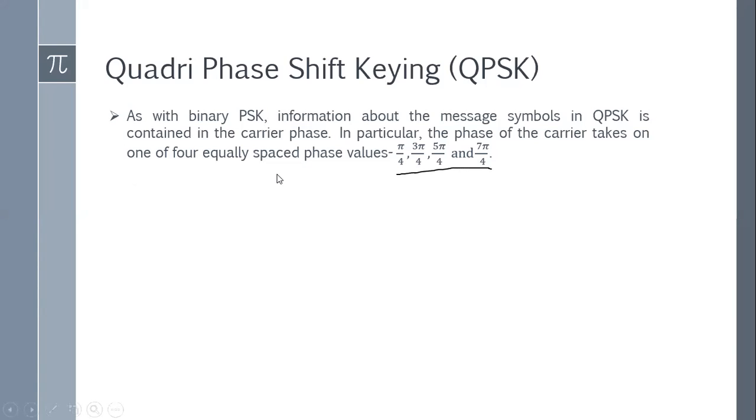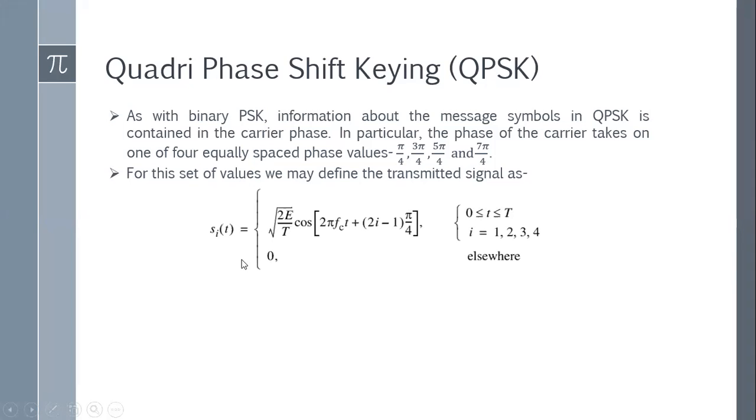If I am going to use these four different phases, let me first write the equation that can define these four symbols. For this set of values, we can use this equation. The equation says square root of 2E by T cos of 2 pi f c t plus (2i minus 1) pi by 4.